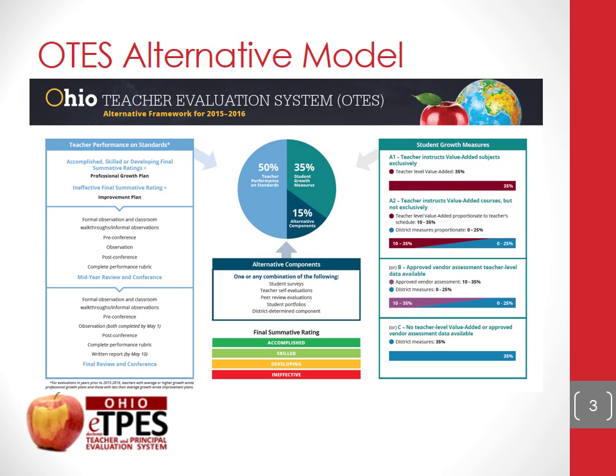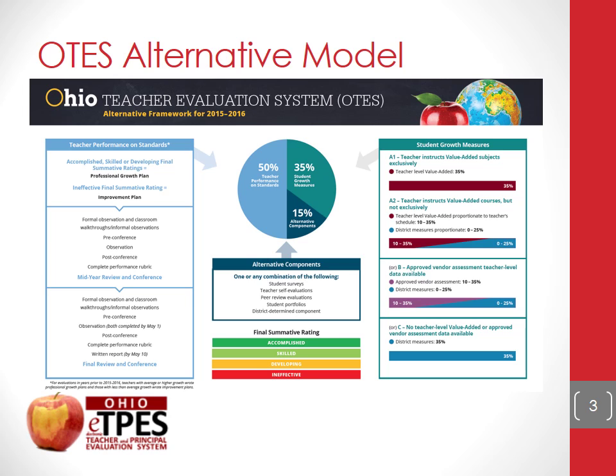This graphic depicts the alternative teacher evaluation model. As you can see, this represents that the evaluation is comprised of 50% performance on the standards, 35% from student growth measures, and the remaining 15% is from a choice of student surveys, portfolios, teacher self-evaluation, peer review evaluation, or a district-developed component.